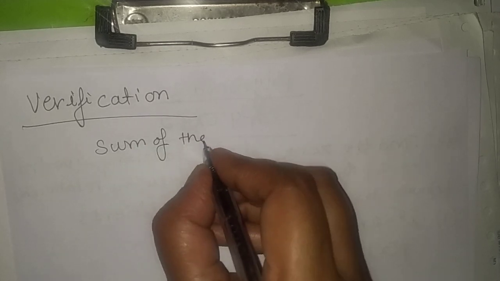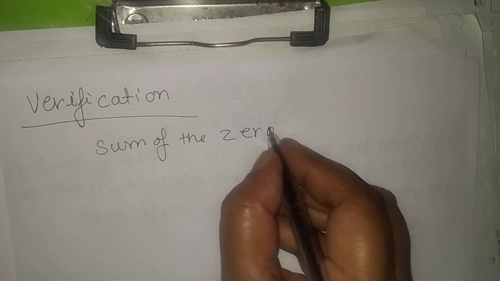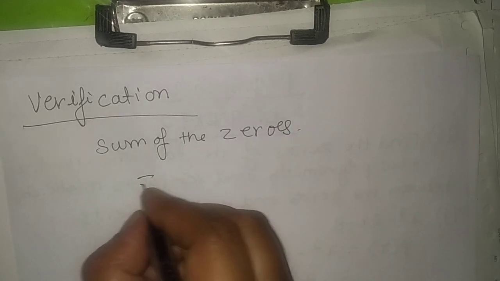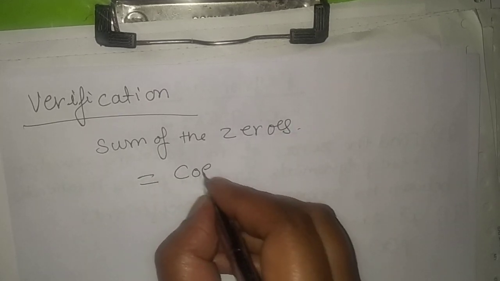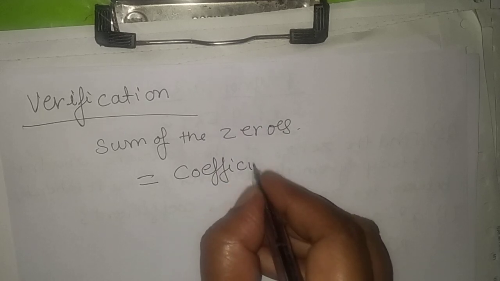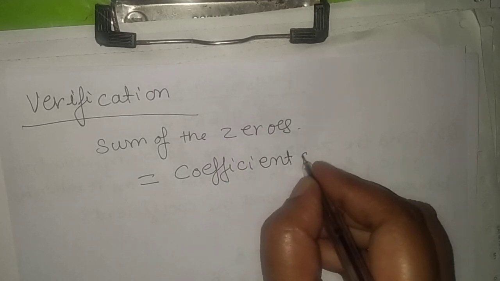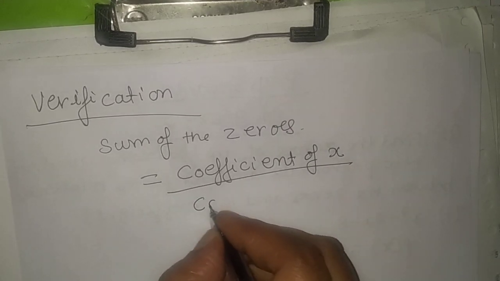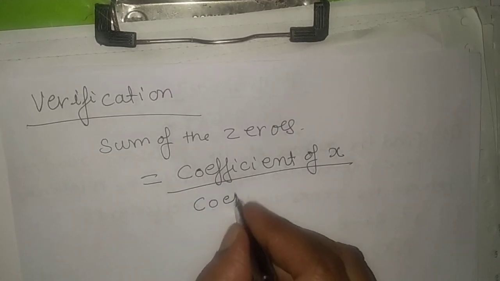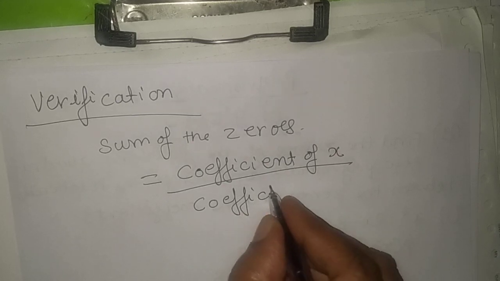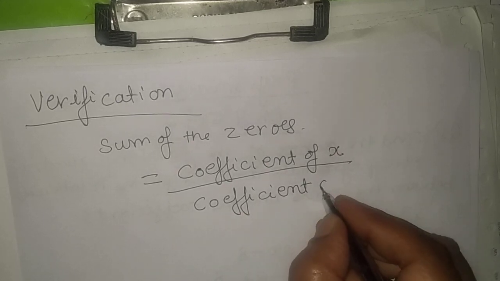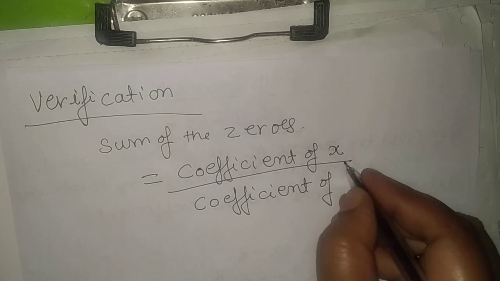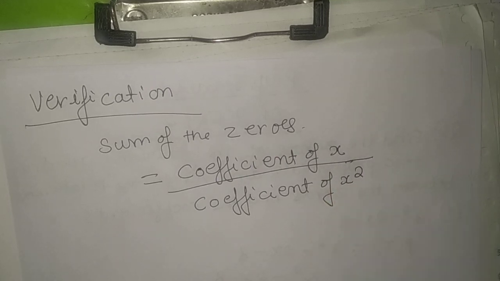So what is the formula? Sum of the zeros is equal to minus coefficient of x by coefficient of x square.